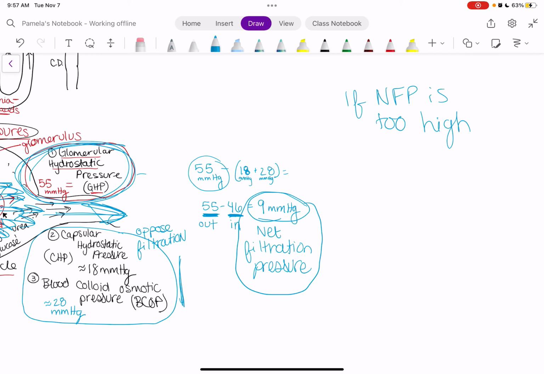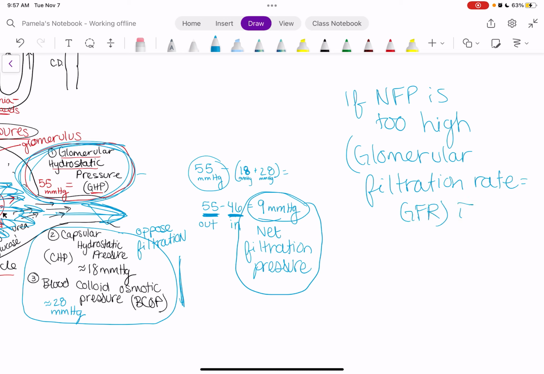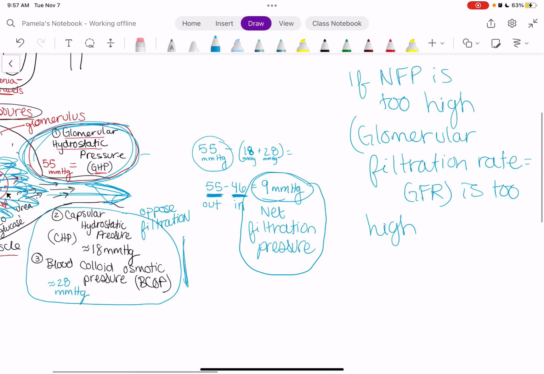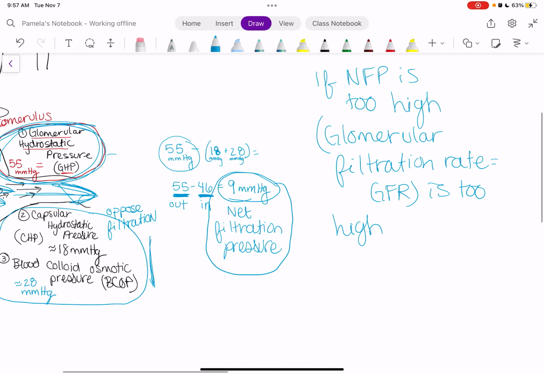We could say our glomerular filtration rate, or GFR, is too high. If we're filtering fluid at this glomerulus too fast, then we would become dehydrated. Dehydration would occur.